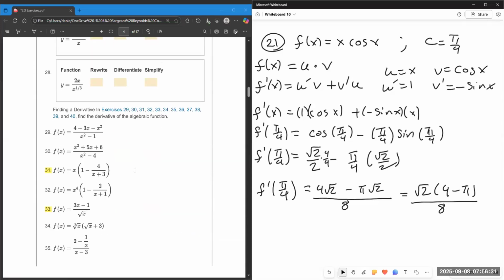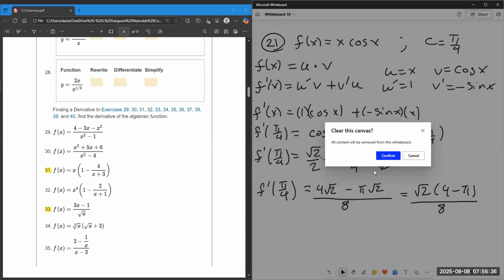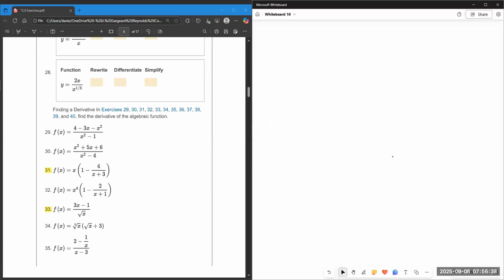Let's look now at number 31. And we're just told to find the derivative. We're not told what rule to use. Some of these will require product or quotient rules, others will not.